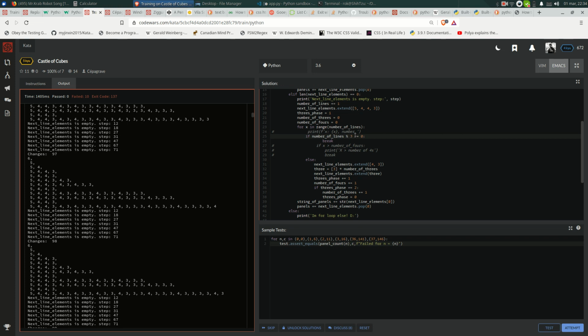So we say number of fours. The pattern is correct, right? It's 1, 1, 2, 2, 3, 3, 4.